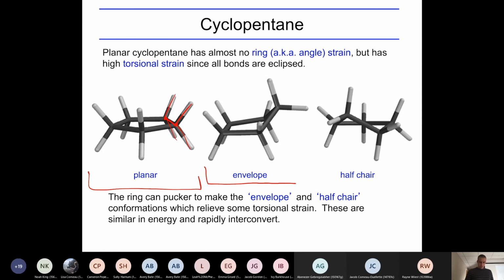You can have envelope, where you kind of take one corner and pull it up a little bit, and that maybe adds a tiny bit to the angle strain, but it causes the hydrogens on these three carbons to now be staggered, which is great. So the envelope is a little bit better. There's also this other kind of weird one called a half chair. There's a bunch of different conformations here.